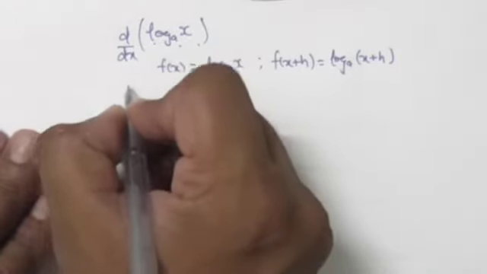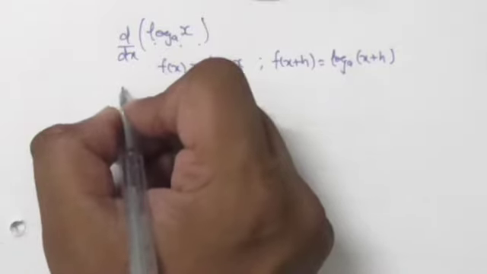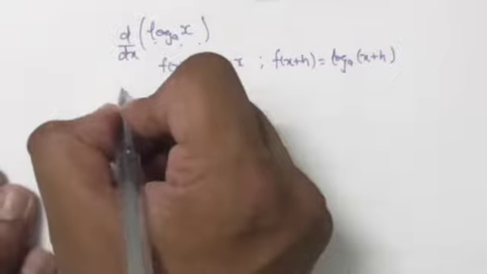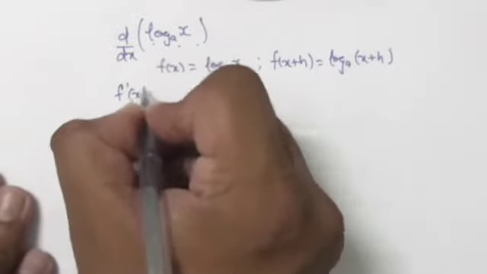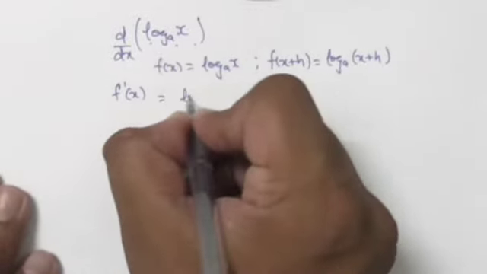Now, according to the first principles of derivative, differentiation of f(x) will be limit h tends to 0 [f(x + h) - f(x)] upon h, right?